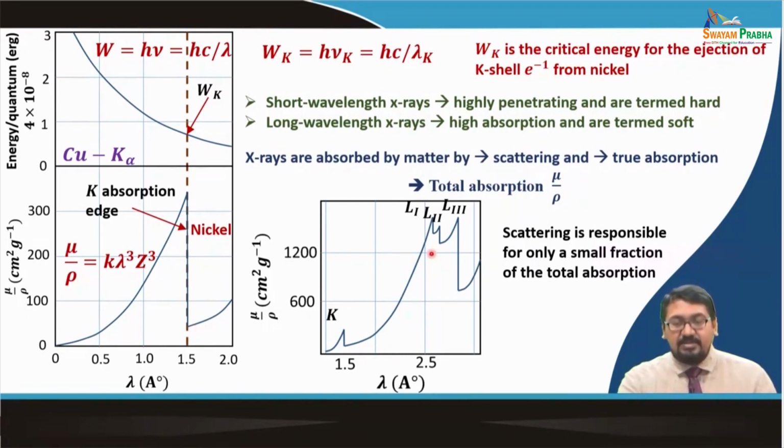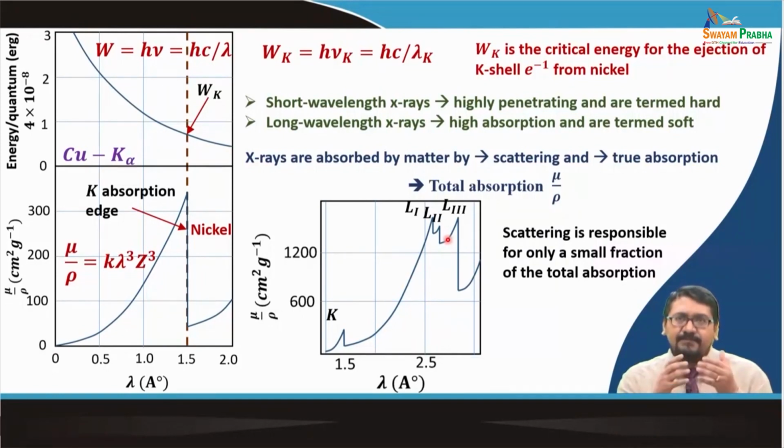But there will also be the L absorptions, because of the critical energy required to eject an L shell electron, and there are 3 L levels, L1, L2 and L3, so there could be 3 peaks of mass absorption coefficient.